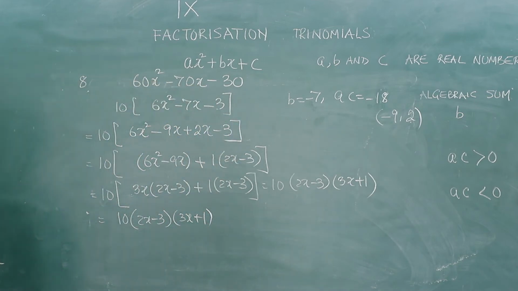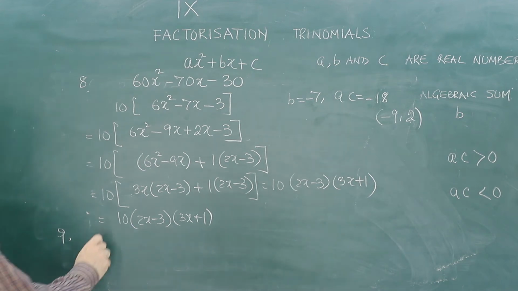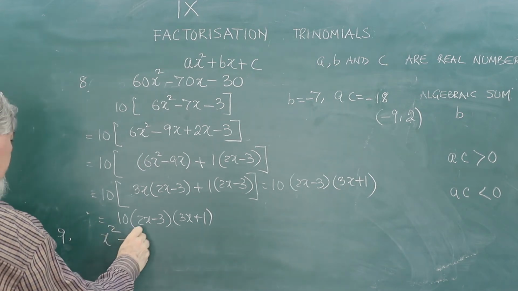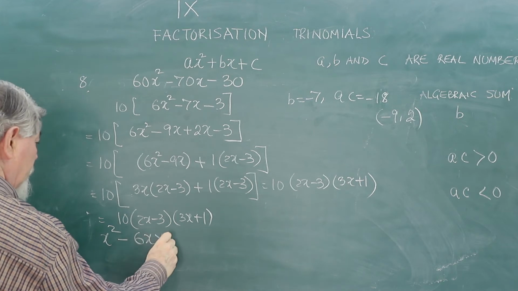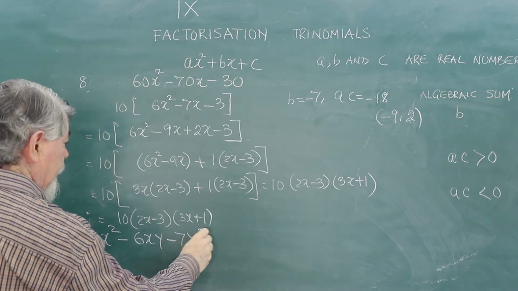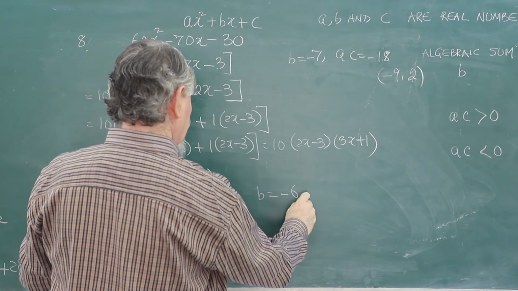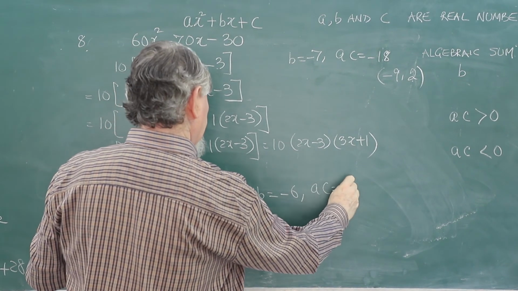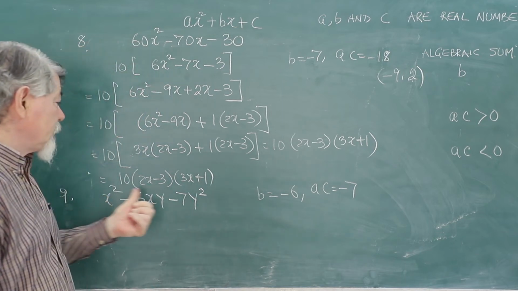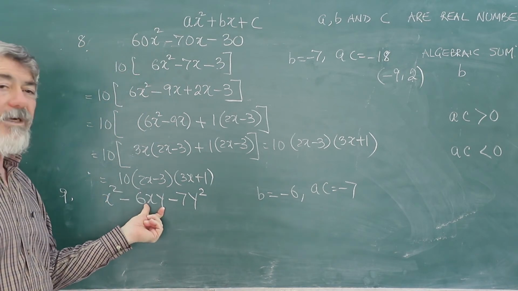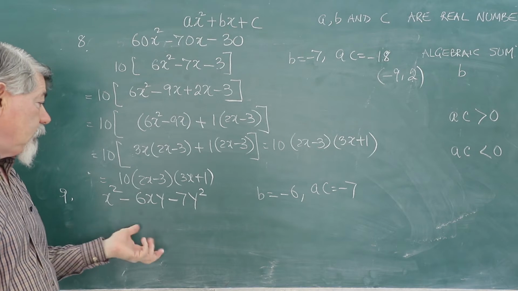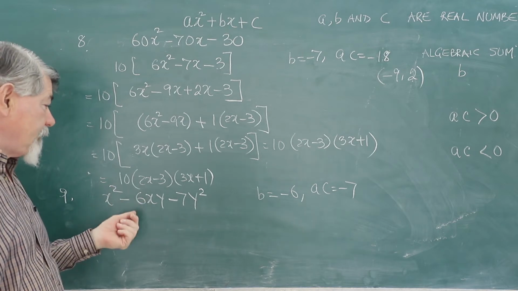Now let us see question number 9. Question number 9 is x² - 6xy - 7y². b is minus 6, AC is minus 7. You see, it is x², y², and the middle term is xy, so the variables are x and y.